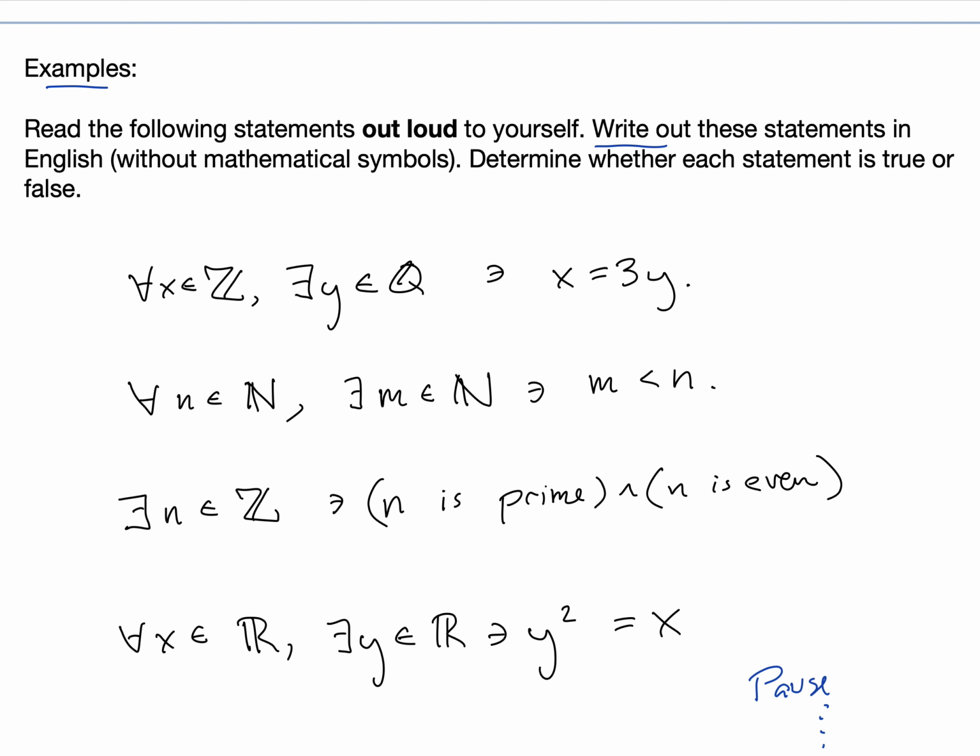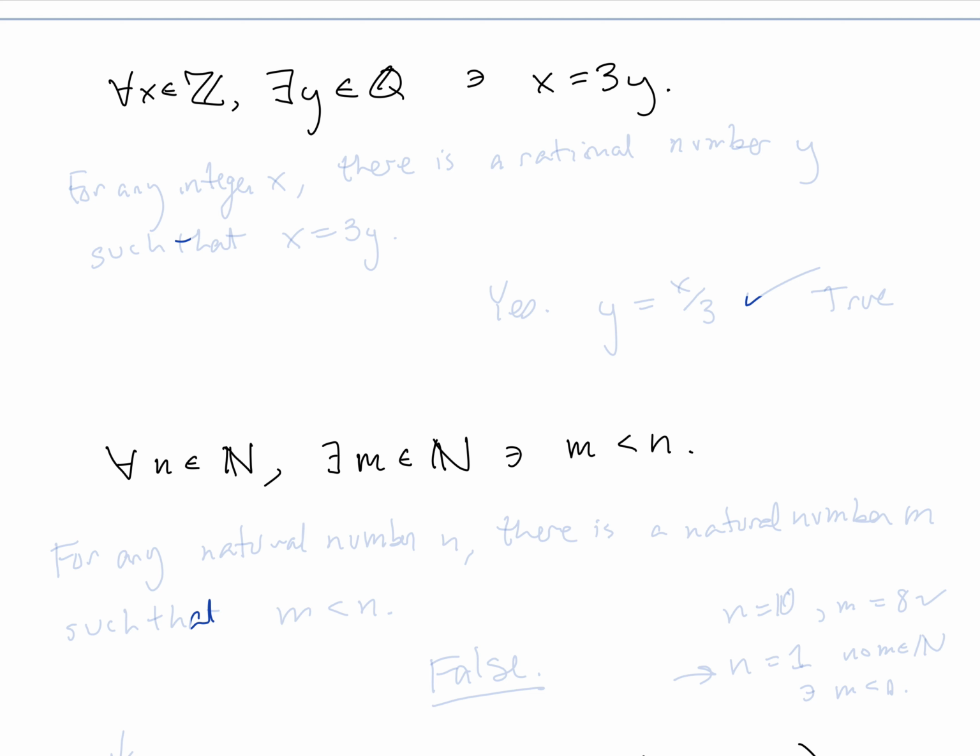Okay, so our first one is for all x in the integers, or for any integer x, there is a y in the rational numbers such that x is equal to 3y.